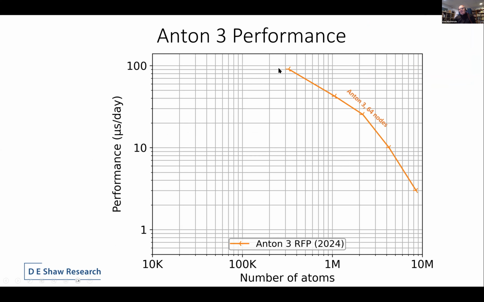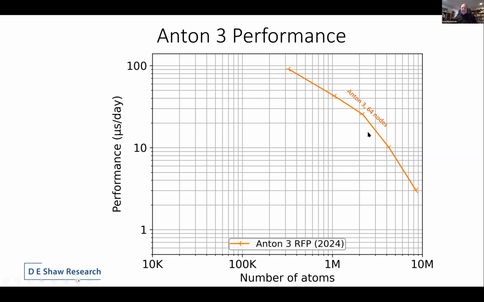The Anton 3 RFP had 5 data points in there, and I've plotted them here as an illustration. If you pick one of these, like STMV, the well-known benchmark, it's a little over 1 million atoms, and it gets a little over 40 microseconds a day on this machine.